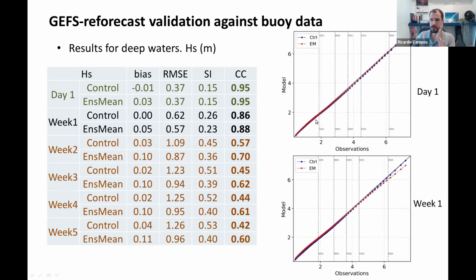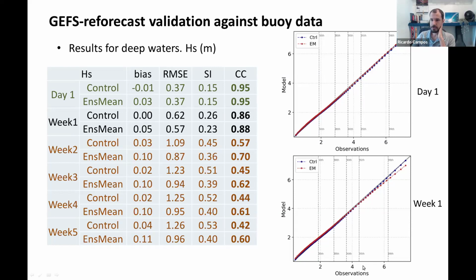The QQ plots are showing very good accuracy for the control member and the ensemble mean. EM in red is the ensemble mean. So it means the model is very well calibrated. The optimization that has been run is excellent, and the bias is confirming the same quality as pointed out here in the QQ plot.